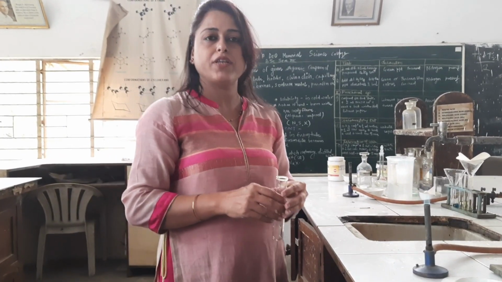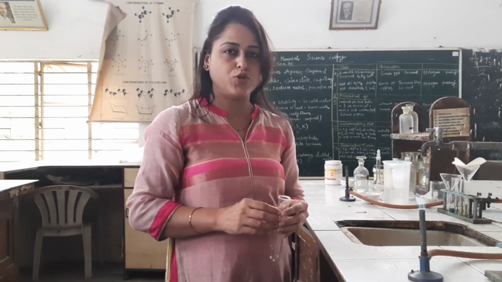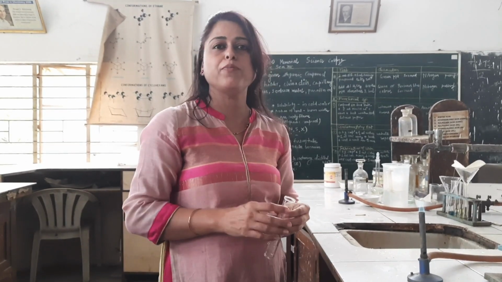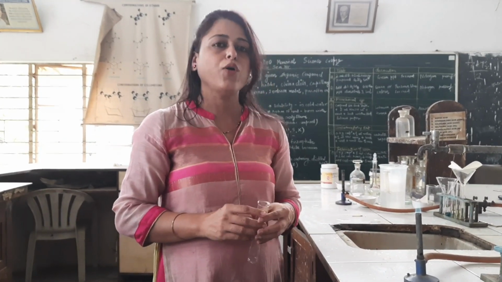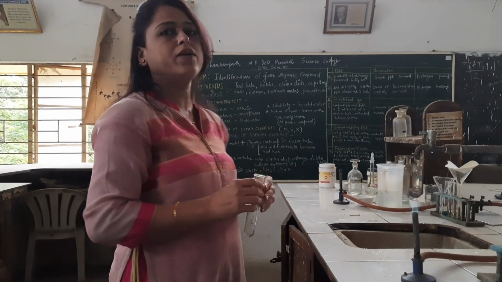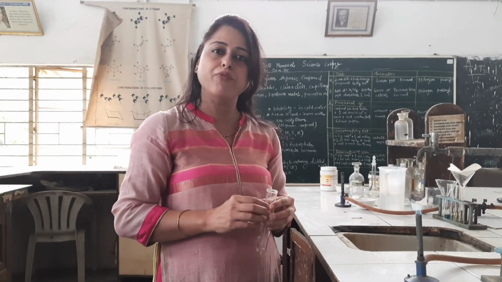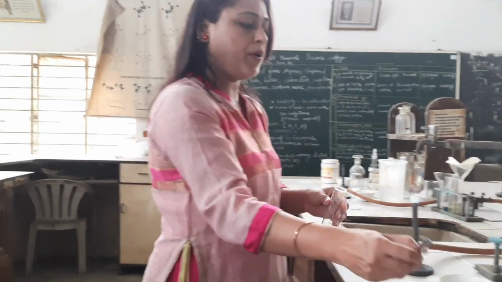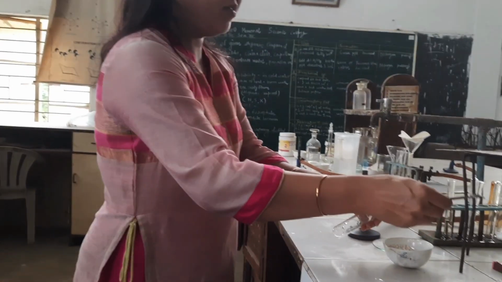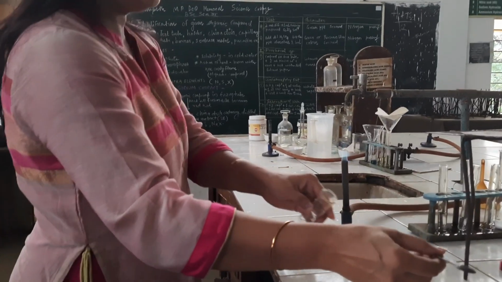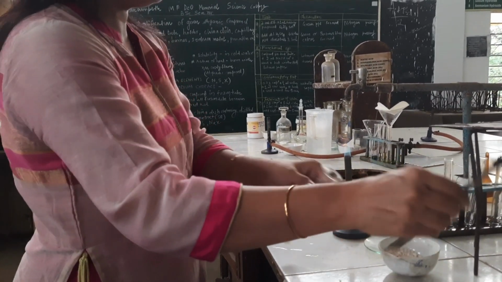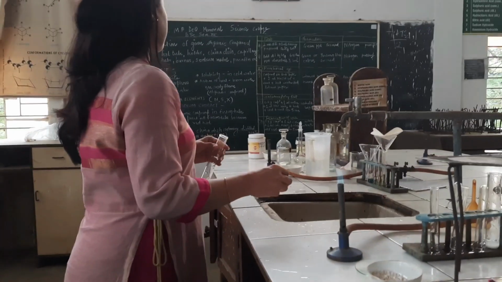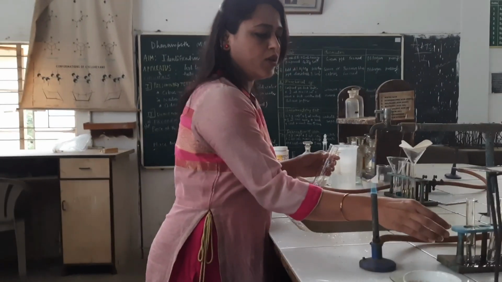Till now we have detected that nitrogen is present in the compound and also the amide group is present. Now we are performing the confirmatory test by preparing the derivative for urea. How to prepare the derivative? For that, take near about 0.2 gram of compound and add 1 ml of water into it.